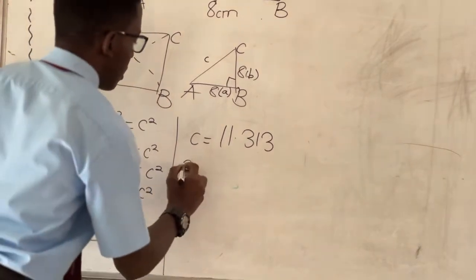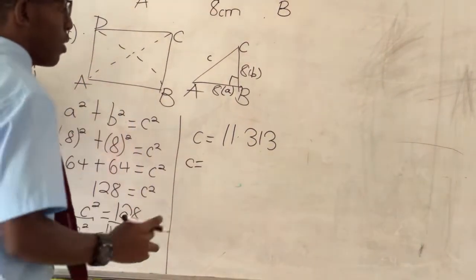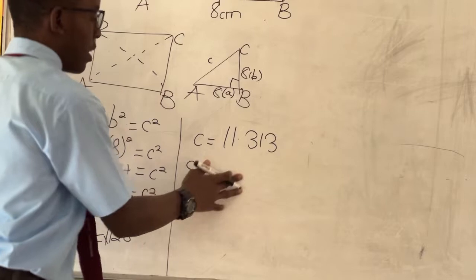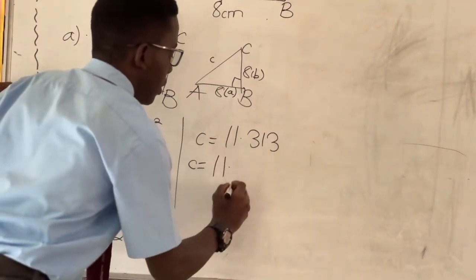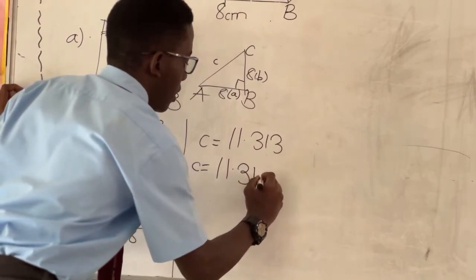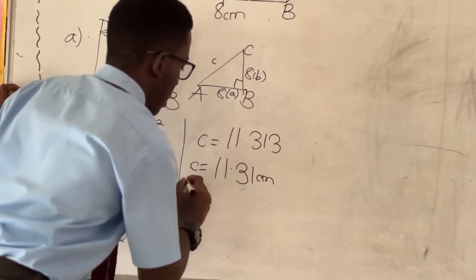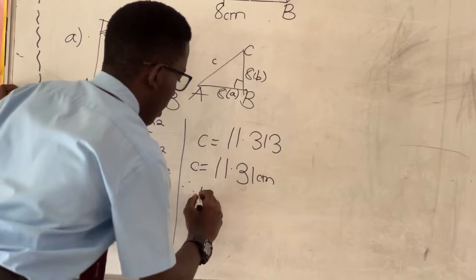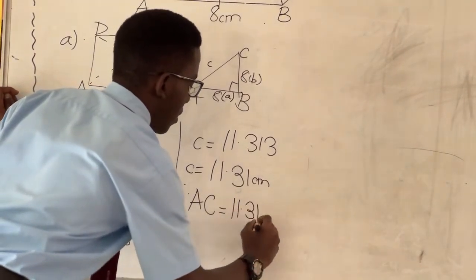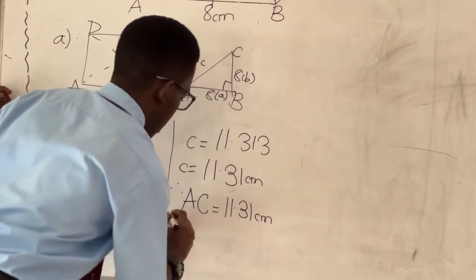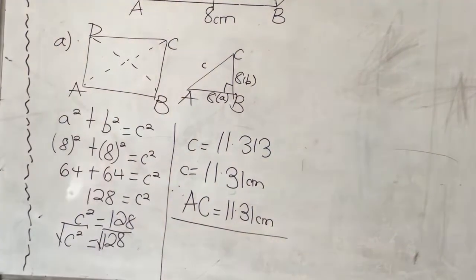Now it's best to round it off to 2 decimal places just to be on the safe side. So I'm going to say 11.31 centimeters. Then you say therefore length SC is equal to 11.31 centimeters. Your answer is that. Then part B.